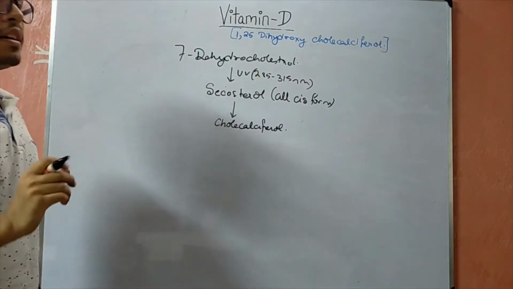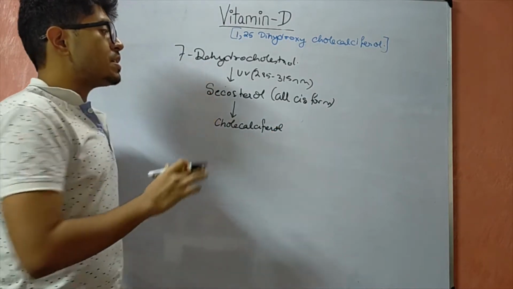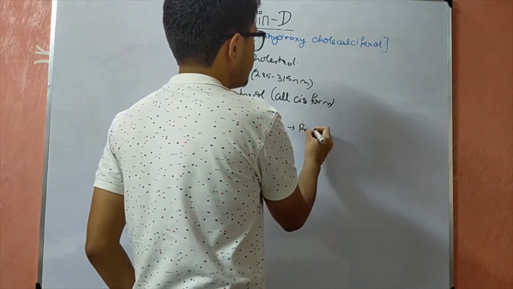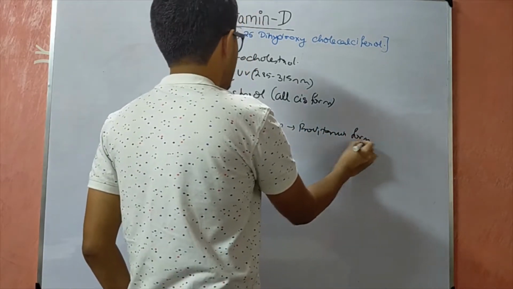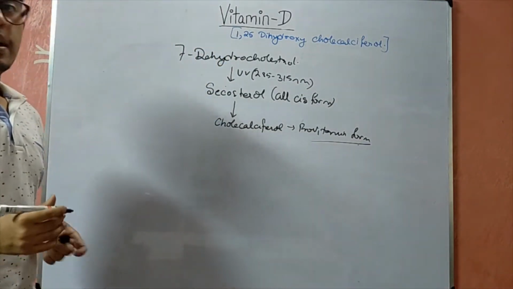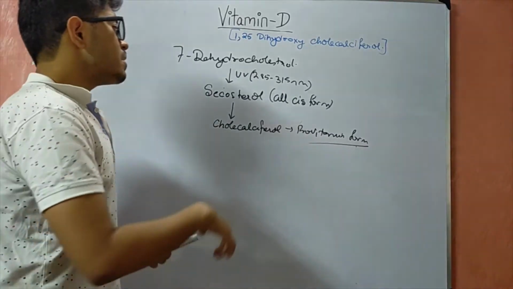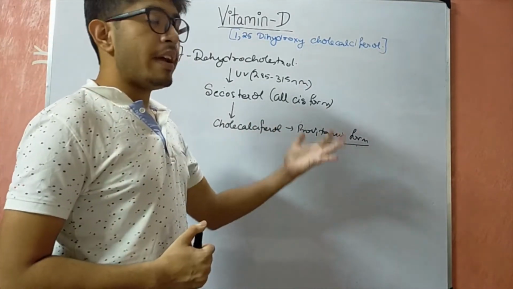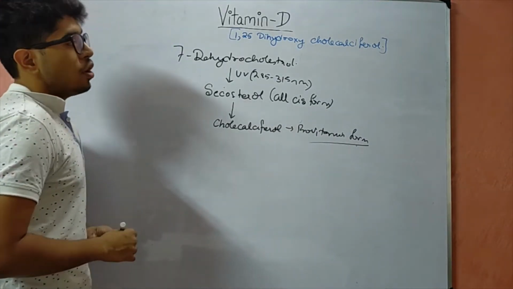It is forming the cholecalciferol, which is the provitamin form of vitamin D. So this provitamin form will further enter the subsequent pathway for the formation of the active form.